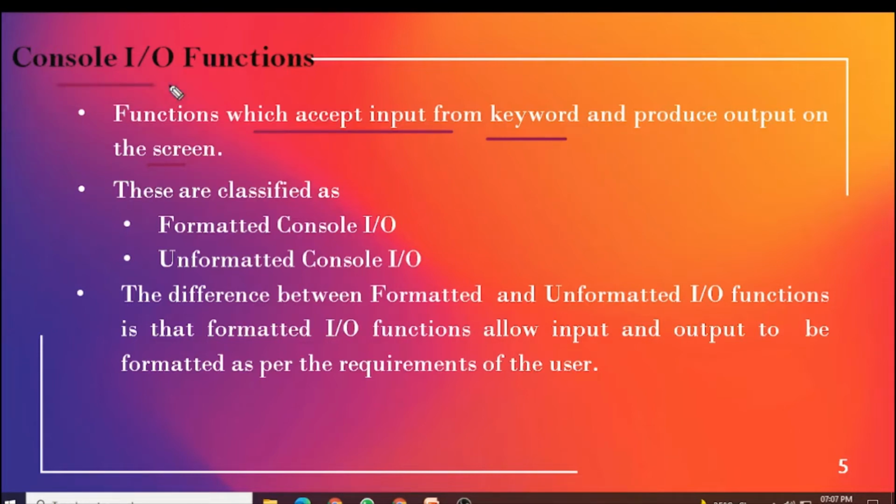Again, these console IO functions are classified as formatted console IO functions and unformatted console IO functions. The difference is that formatted IO functions allow input and output to be formatted as per the requirements of the user.